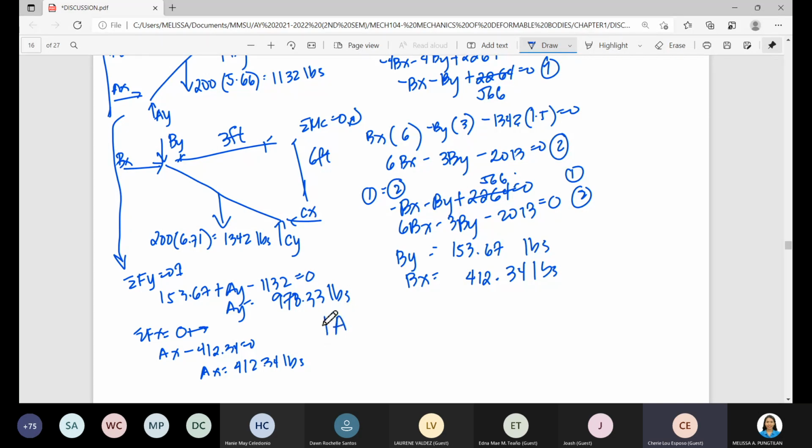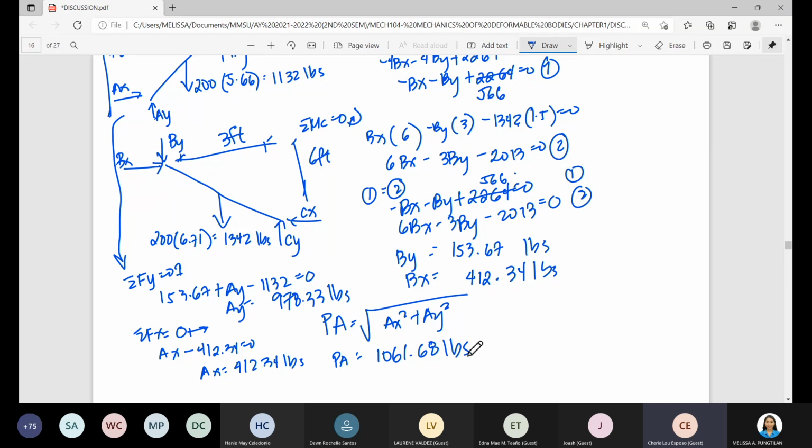So, let's say PA is equal to square root of Ax squared plus Ay squared, which is equal to 1,061.68 pounds. So that's the force at A.